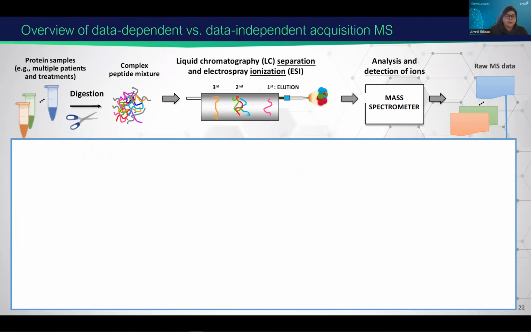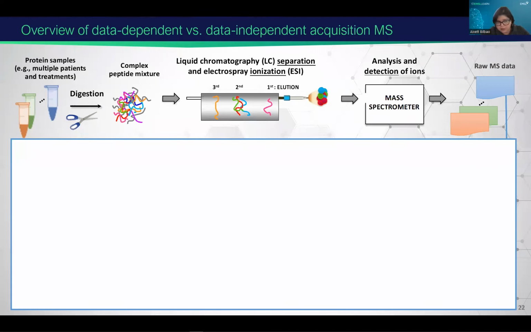Specifically, for an alternative way of operating the mass spectrometry instrument called data independent acquisition, to collect more comprehensive data. In the workflow to collect omics data on a mass spectrometry platform, for untargeted or global studies we typically use liquid chromatography.